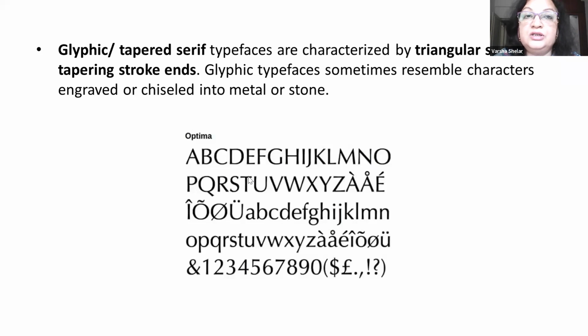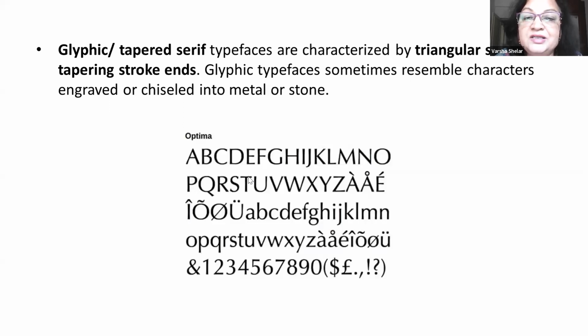Now, glyphic or tapered serif typefaces, you see here, they are not definite serifs in this form. I used to use this typeface a lot when I was in college. It's a very versatile typeface, Optima. It sits on the fence between the serif and sans-serif fonts.